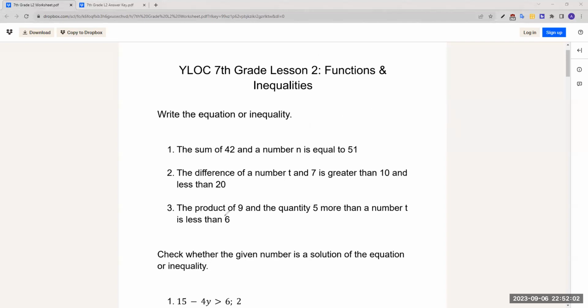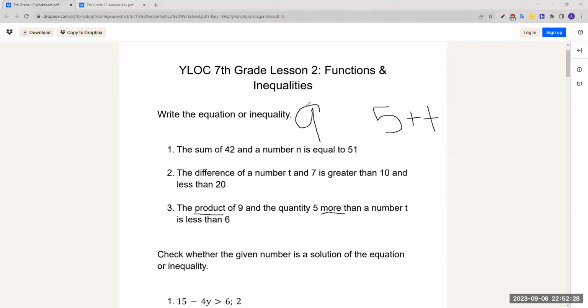For number 3, the product of 9 and the quantity 5 more than a number t is less than 6. The word product means multiplication, so I'll put a 9 here and leave it. The quantity 5 more than a number t just means 5 plus t, because it says more, so we're adding.